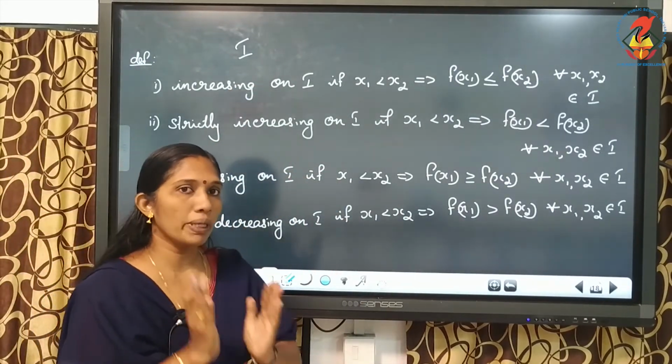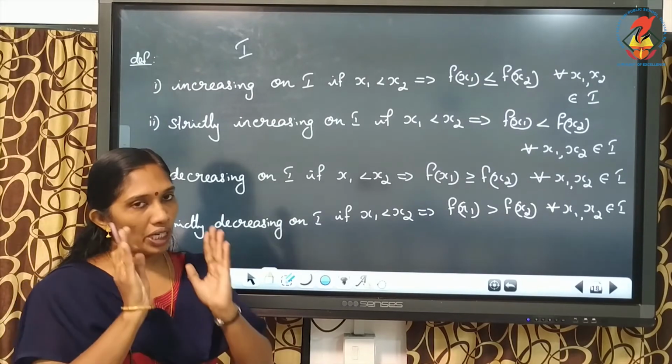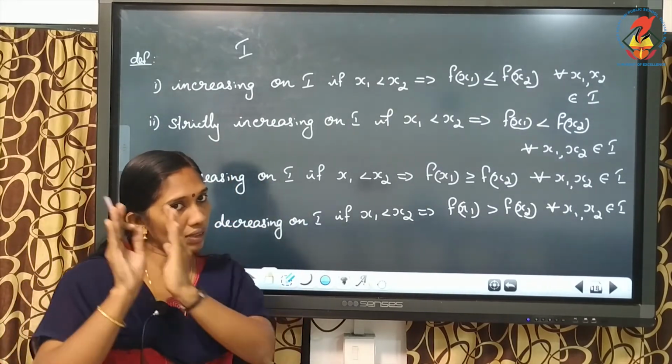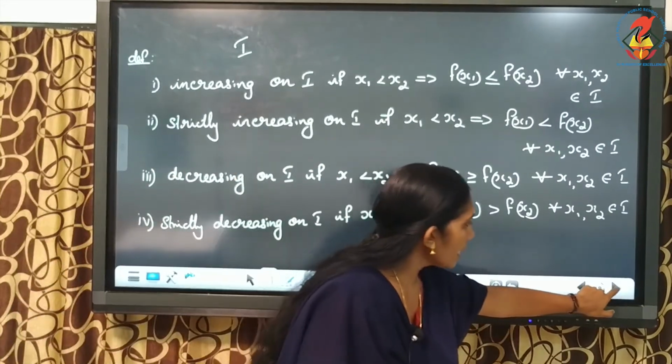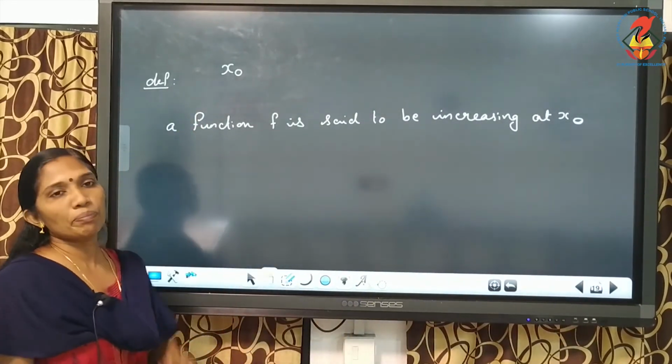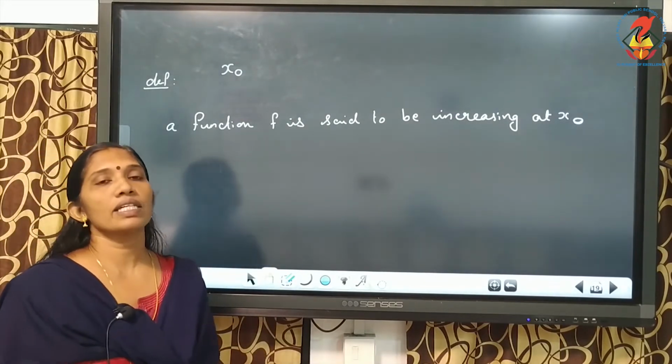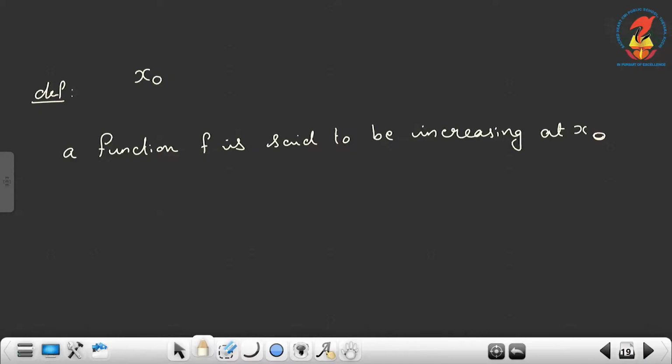Let I be an open interval in the domain. For a function we have domain, this I means it is an open interval in the domain. Here in the second definition we take one particular point. A function f is said to be increasing at x0 means there exists an open interval.